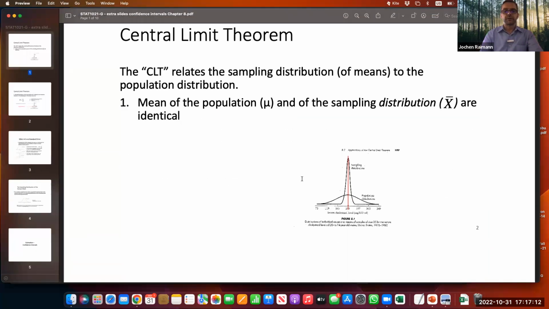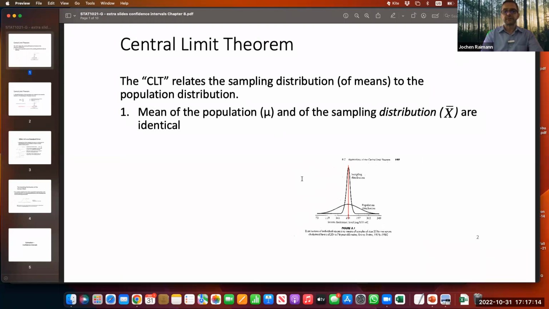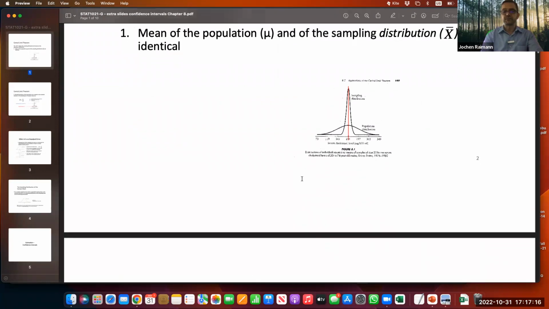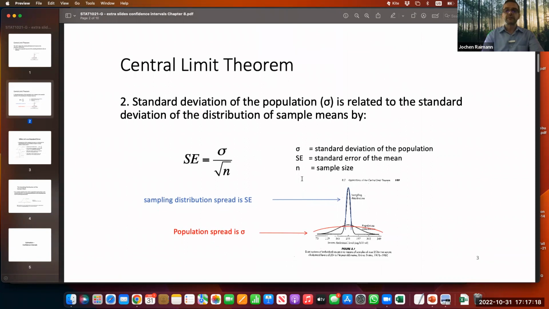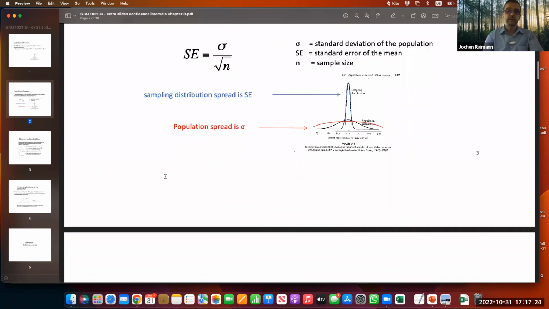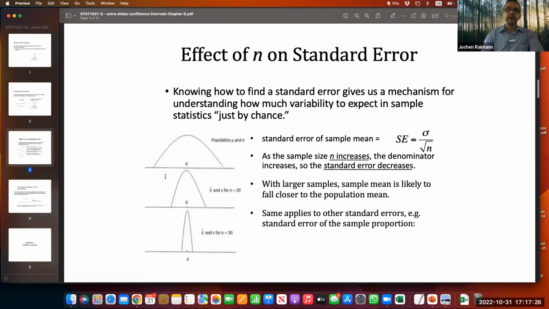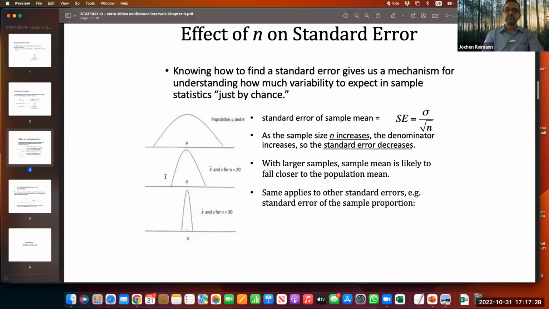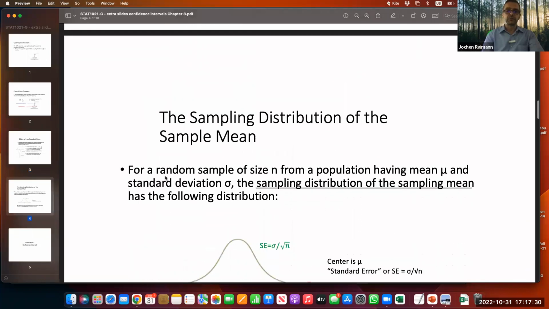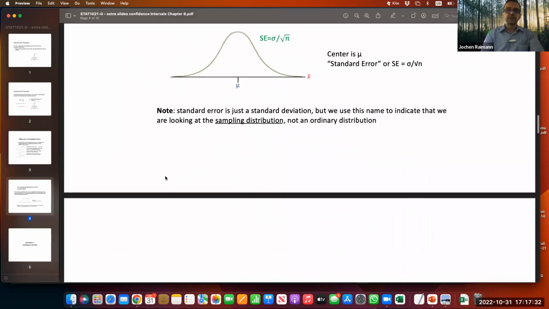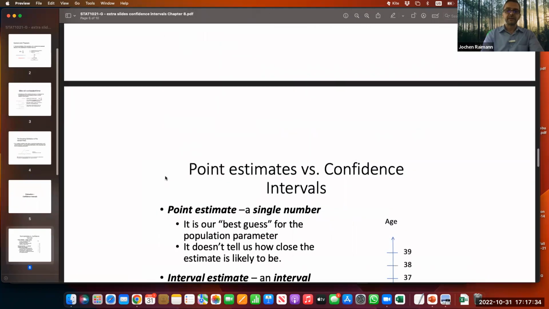So this is showing exactly this relationship. Central limit theorem: the mean of the population and the sampling distribution are identical. The standard deviation of the population is related to the standard deviation of the distribution of the sample means. We've seen that formula. And the sample size will basically get it closer to the mean. So now we want something else.